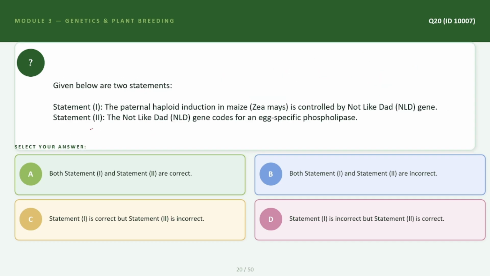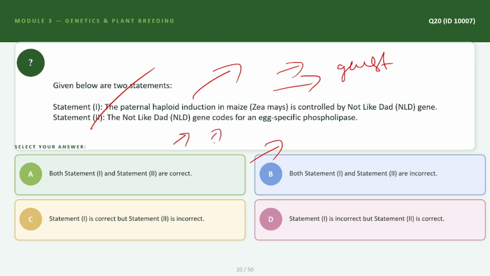Then, for example, if you know about this question, you answer. If you don't know about this question, don't try to guess. Because even I tried to guess last year, I made a mistake. Even though I was very well aware of what is paternal haploid, what is maternal haploid, what is the importance in developing double haploid lines, and which are the sources of paternal haploid and maternal haploid.